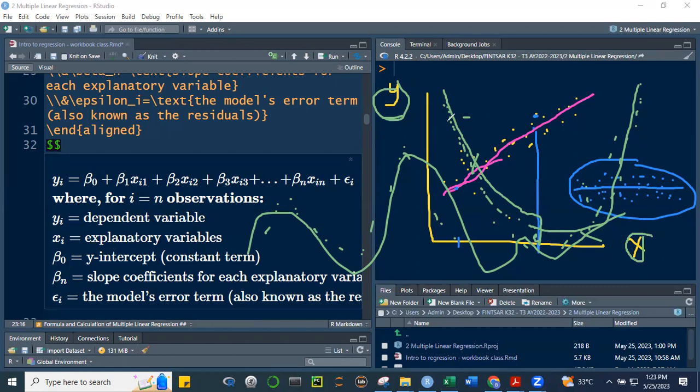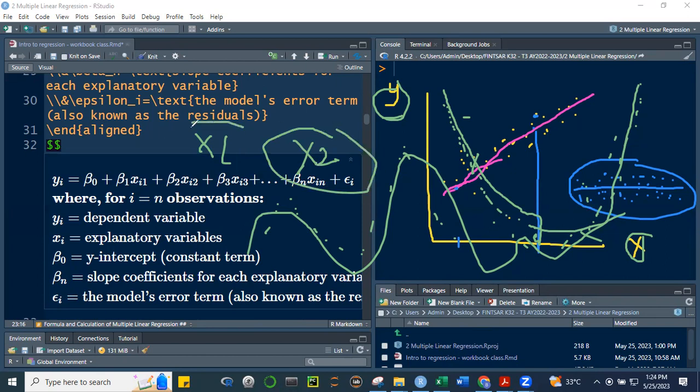Okay, sabi natin dapat linear relationship. Now, note, I'm not saying that dapat linear relationship ng dalawang independent variable. Okay, actually, we don't want these two independent variables to be linearly related. We'll discuss this later on in yung phenomenon called multicollinearity.